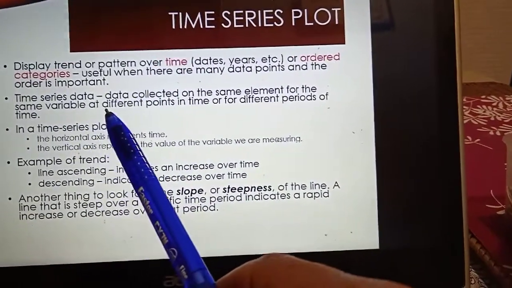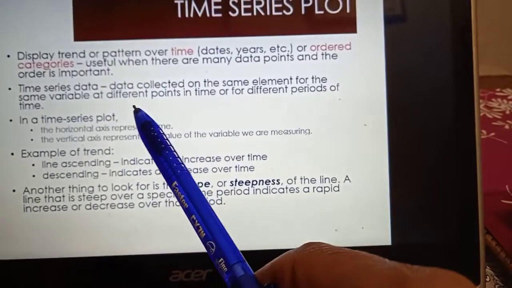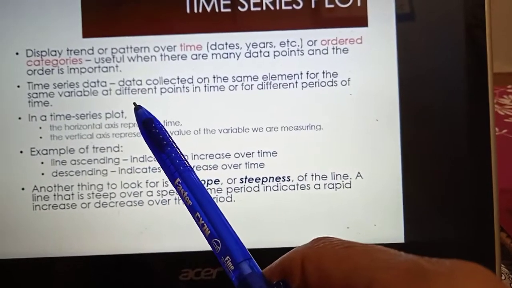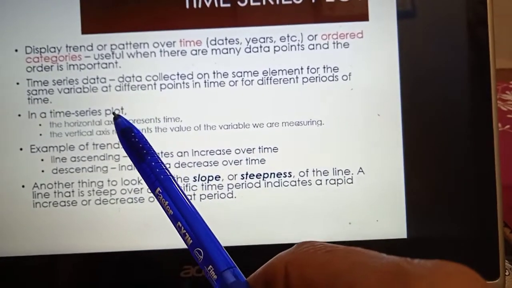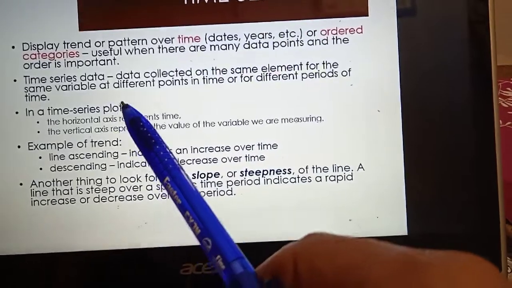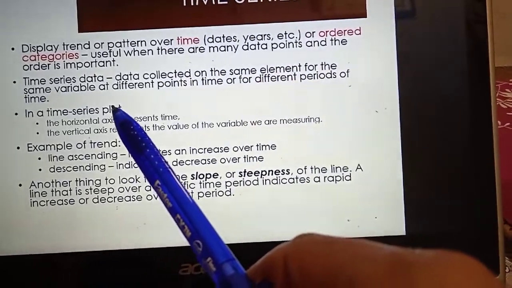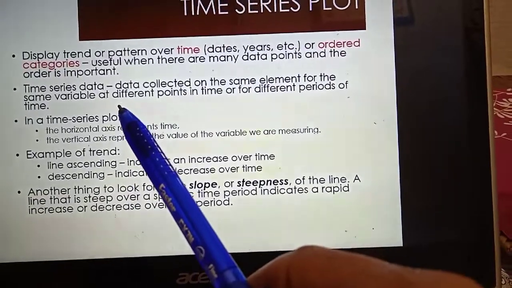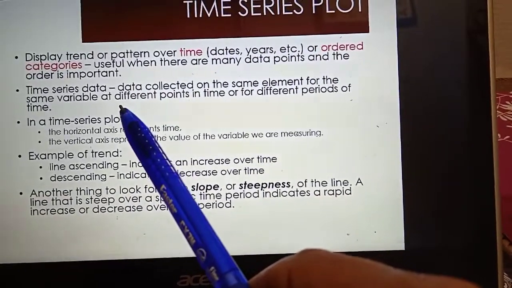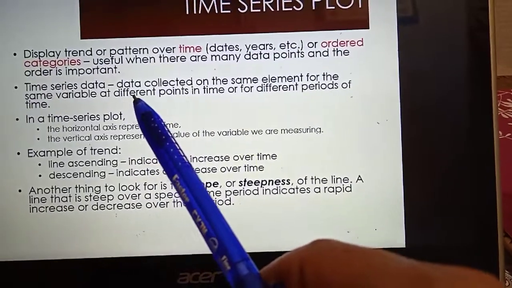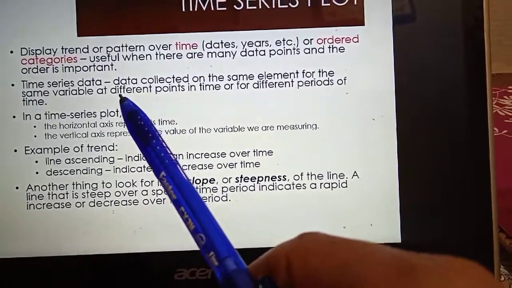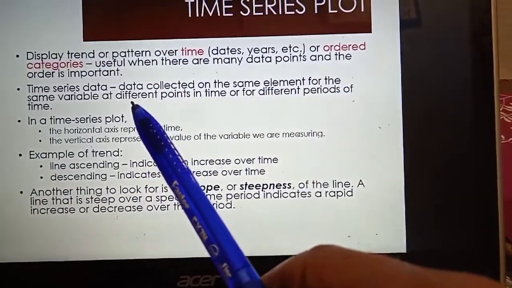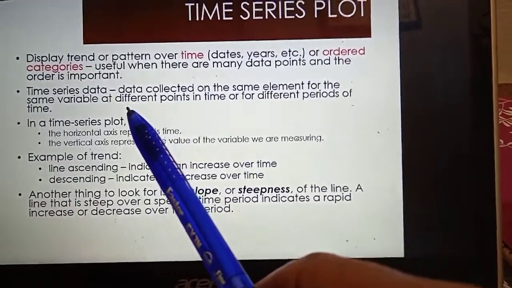Time series data is collected on the same element for the same variable at different points in time or for different periods of time. It means that we collect the same type of data, but we observe it at different times. At 5 o'clock, what will be the number of customers arriving? At 8 o'clock, what will be the number of customers arriving at the same cafe?